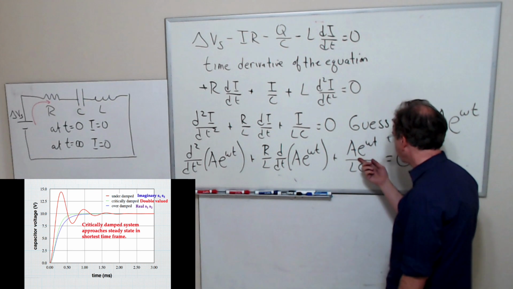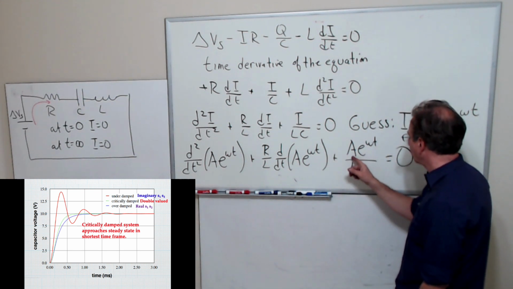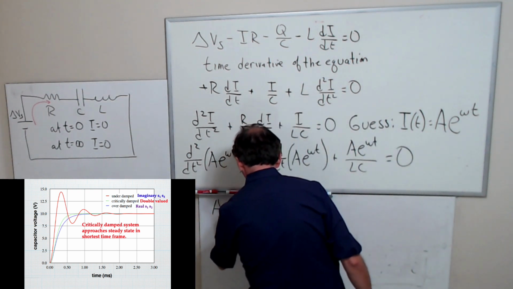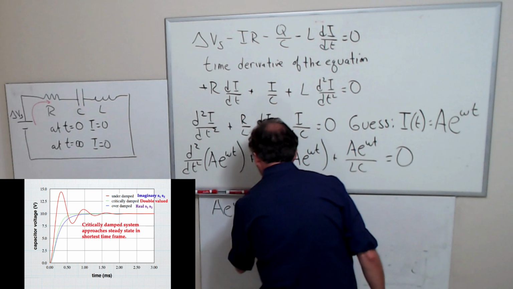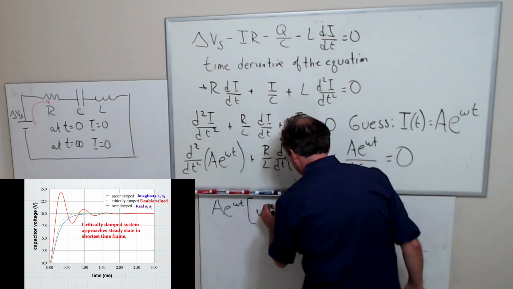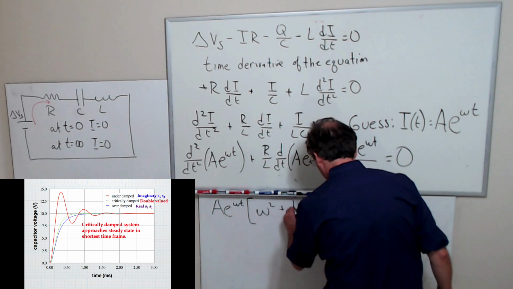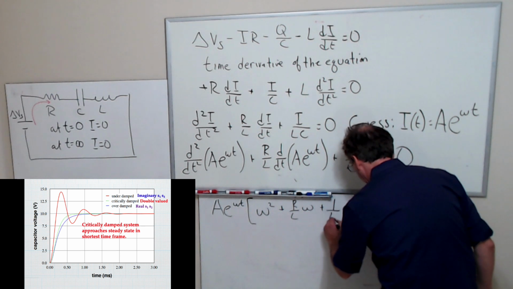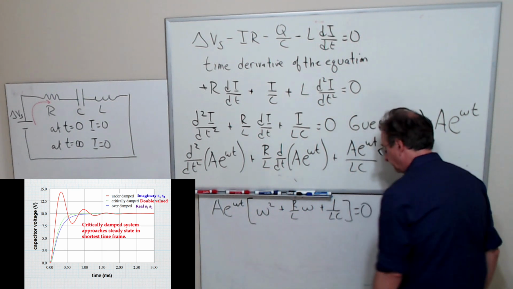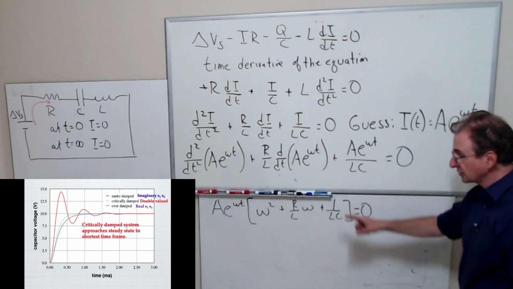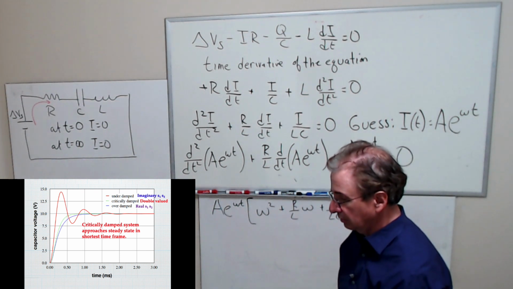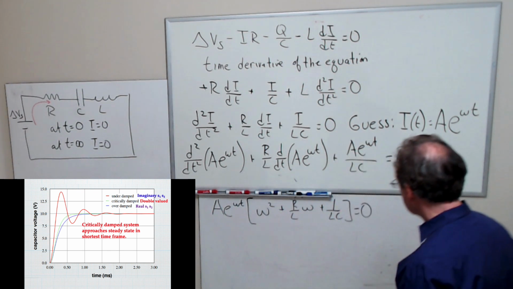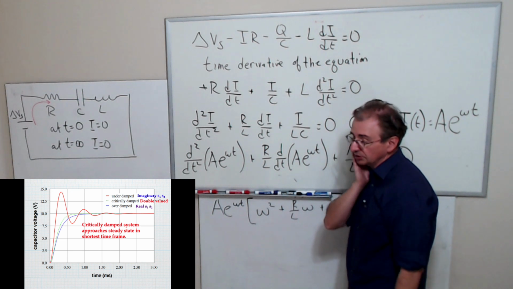And then here I have the same function again. So really every term is going to have the A e to the omega t. It's just that this term will have an omega squared in it, the second term will have an R over L omega, and the third term is just the function. I can use a solution as long as the thing in brackets is 0. As long as this thing in brackets is 0, I can use the solution.